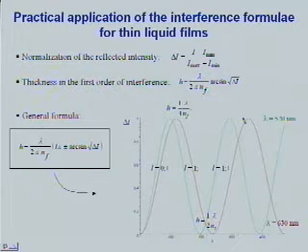If you can measure delta x, where you are between the maximum and the minimum intensity, you can calculate the thickness by this formula: lambda divided by 2 times pi, times the refractive index of the substance in the film, times the arc sine of the square root of this parameter.